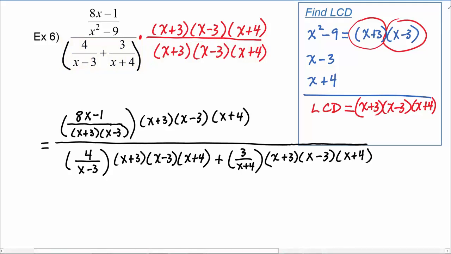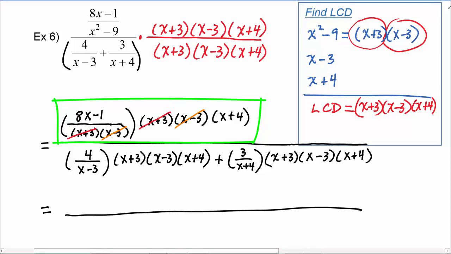Now we begin to do some canceling, and in the numerator we see that x plus 3 will cancel with x plus 3, x minus 3 cancels with x minus 3, and we'll be multiplying 8x minus 1 times x plus 4.